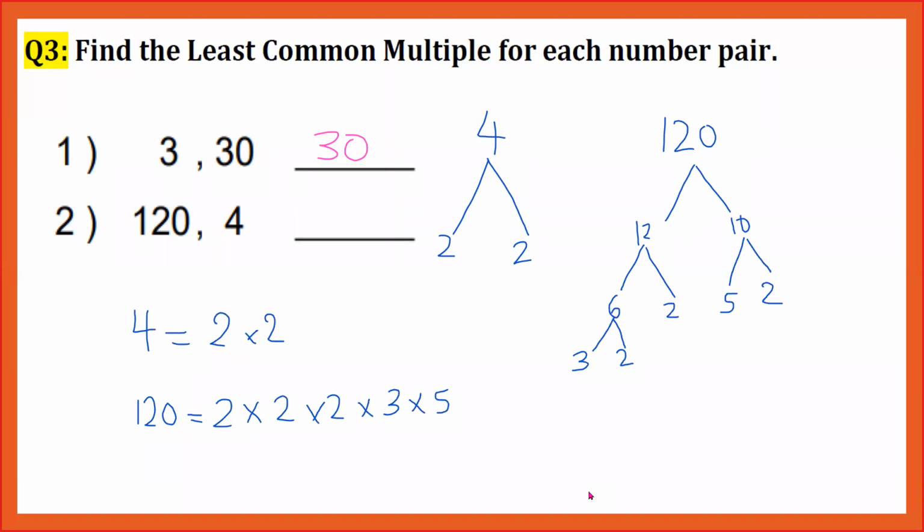We have to pick out the least common multiple. First you have to find the common ones. They are 2 and 2, so 2 times 2. Then I will take the non-common, which is 2 times 3 times 5.